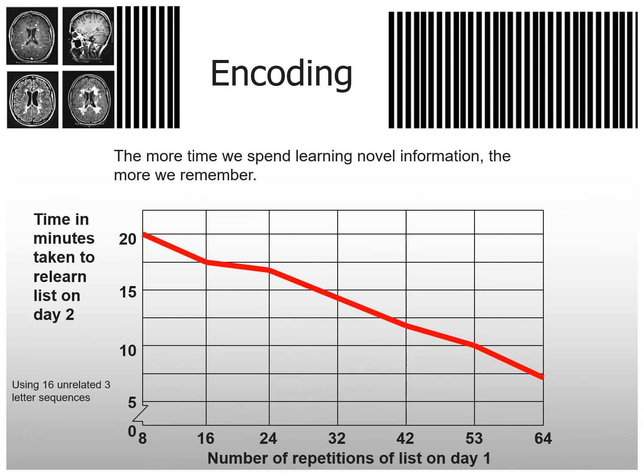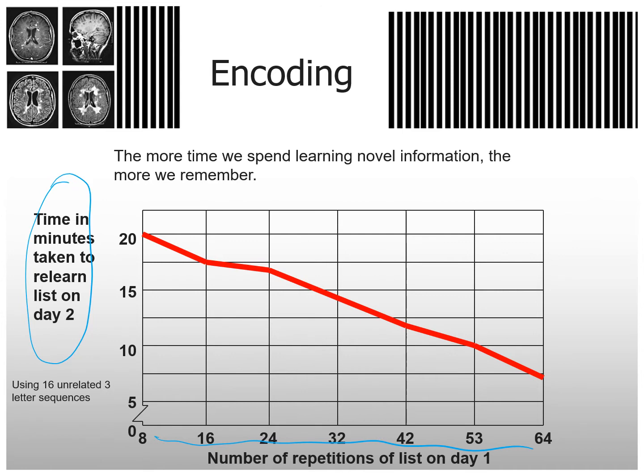The more time we spend learning novel information, the more we remember it. If you look at this chart, the bottom says how many times they repeated the list on day one. On the left is the time in minutes it took to relearn that list on day two. So the more time you spent on it the first day, the less time it took to relearn on day two.